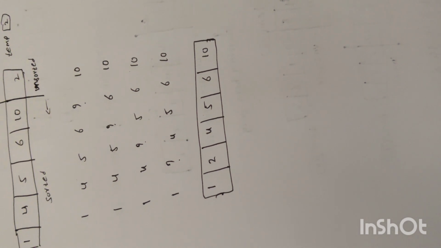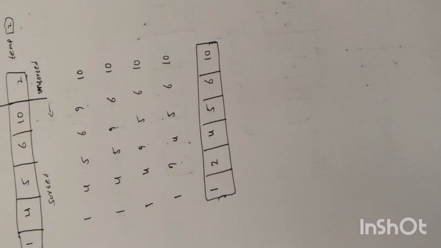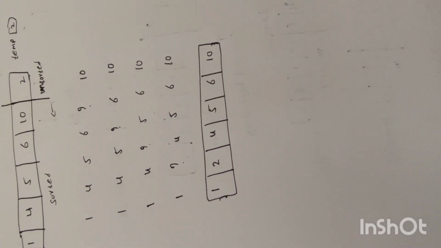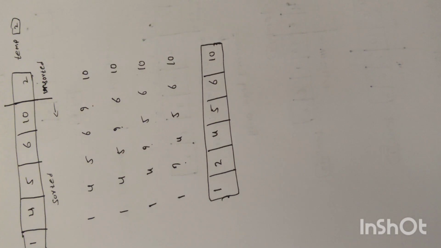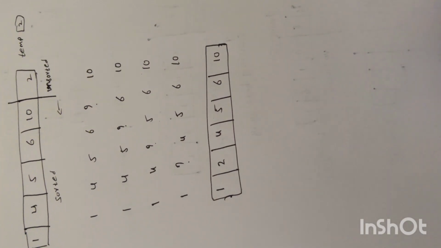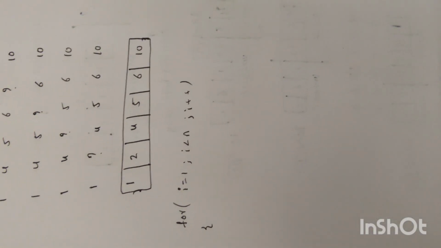So now the outer loop would be from here to here only, because first of all we have taken this 4 and stored it in a temp variable, then 10, then 1, then 6, and then 2, until we reach the end of the array. Fine. So the outer loop would be for I is equal to 1.